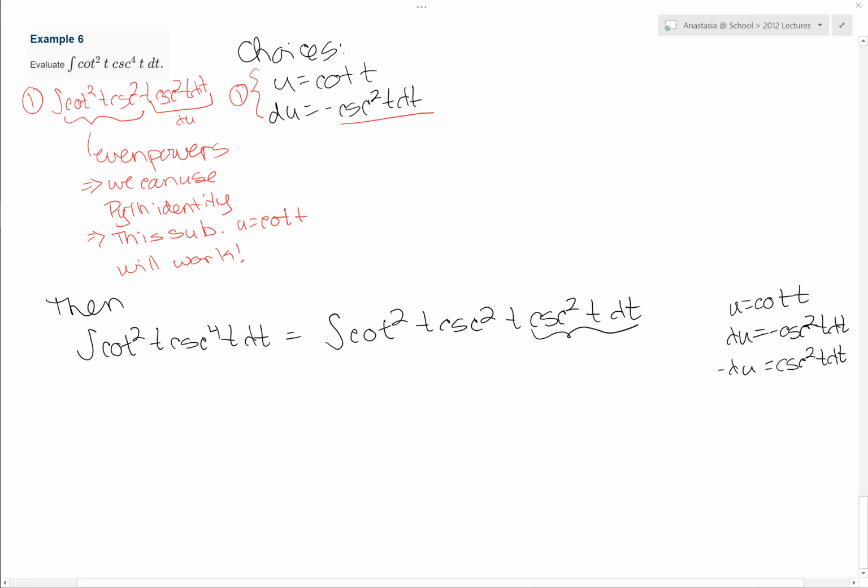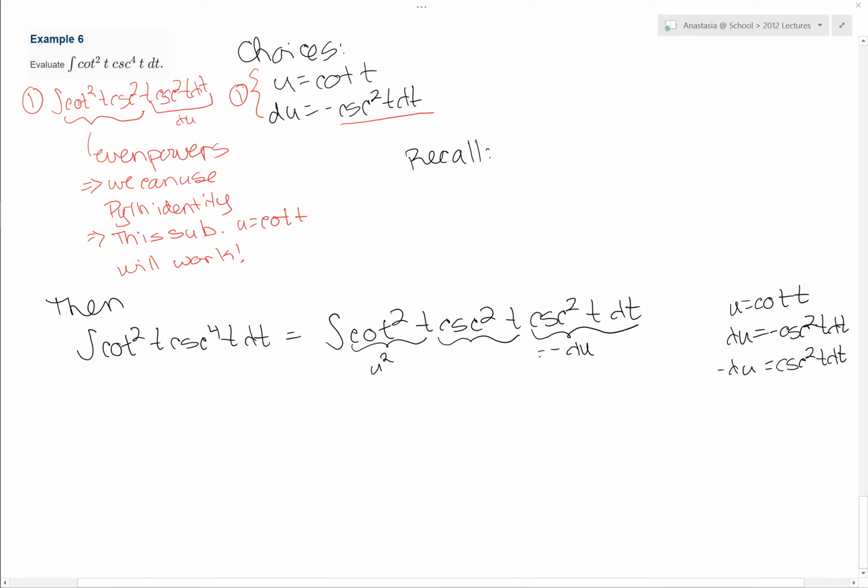So now in our integral we have a negative du for cosecant squared t dt. The cotangent of t is equal to u, so this term becomes u squared. Cosecant squared, we first need to rewrite in terms of cotangent.